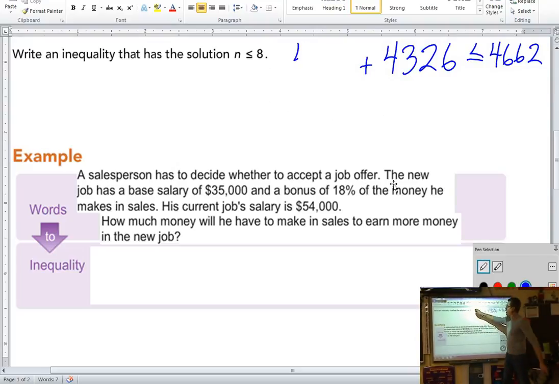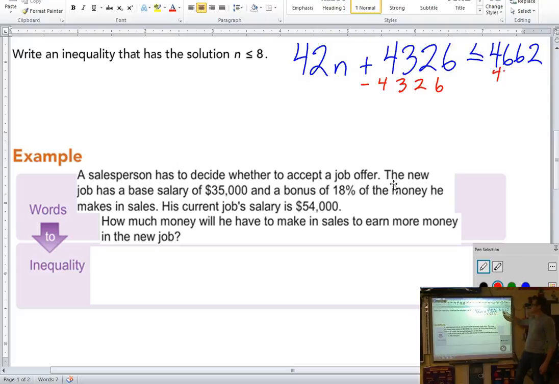And this is not hard. It just looks scary. It's no harder than if this was a 3 and this was a 4. It's not more difficult. It's just bigger numbers. So, we undo the addition by subtracting 336. We get 336 on the right side.